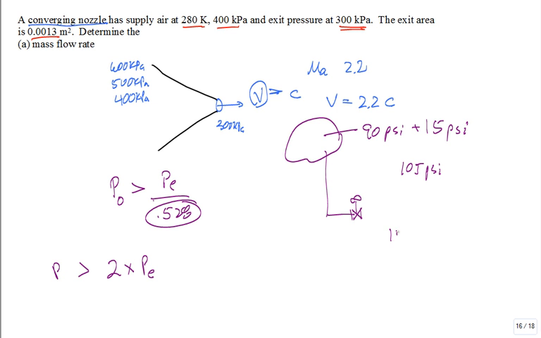You're dumping it to 15 psi here. All I need is a back pressure about 2 times that, a 30 psi absolute or a 15 psi gauge on the back side of that valve. I open it wide open, and you can hear it. It'll make a lot of noise, and it'll be choked flow.